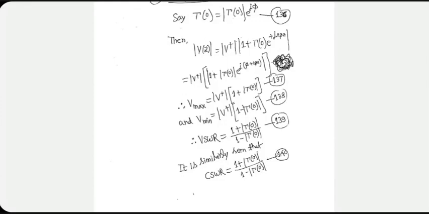That's not correct. VSWR is a real number. CSWR also, same thing. Whatever reflection coefficient you get, take the magnitude of it and then use equation 139. So VSWR has to be a real number. It can never be a complex number, although tau may be a complex number.